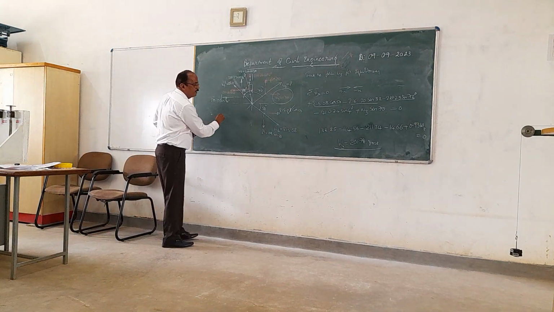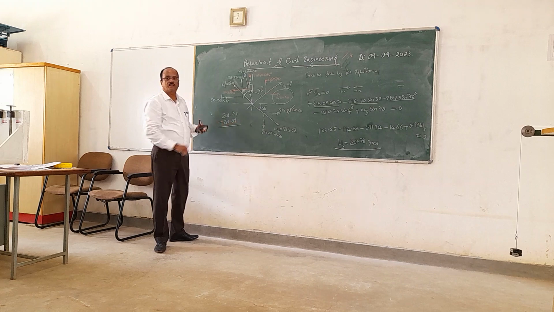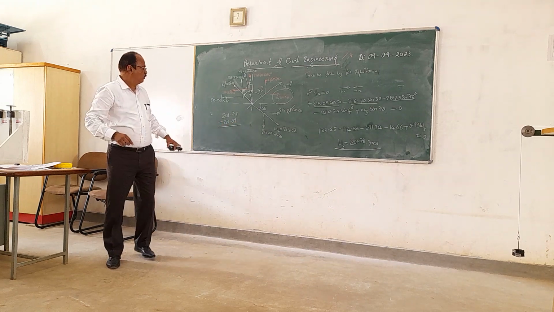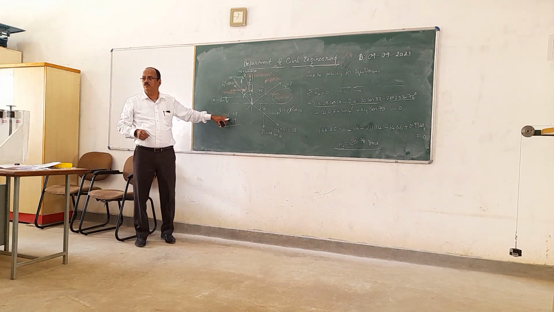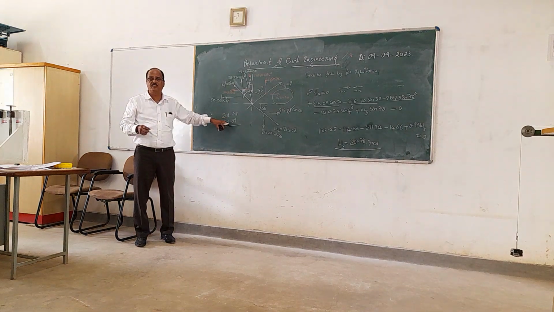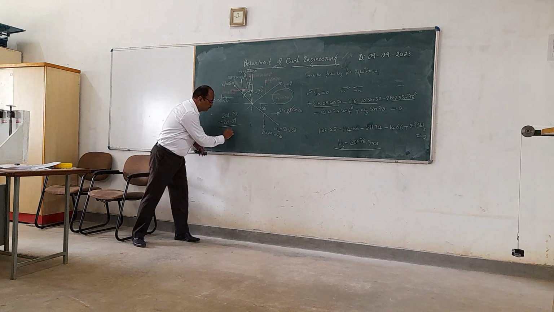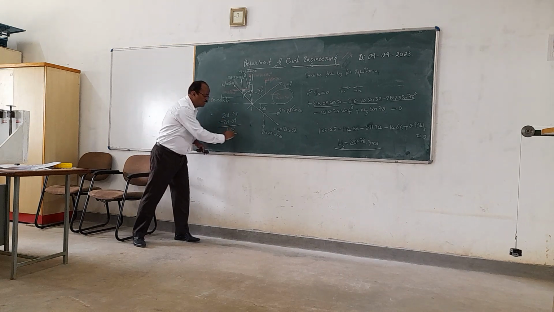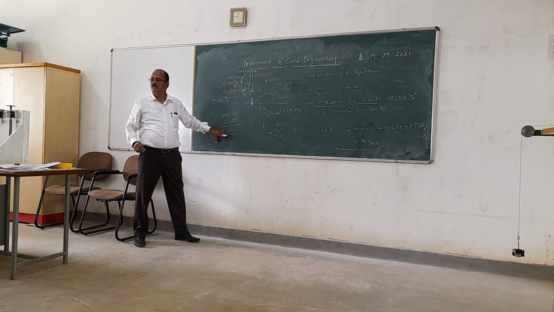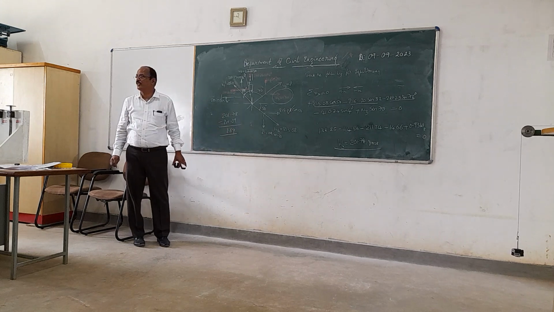How much is the error? 201.78 minus 200.09. Theoretically we need 201.78, but we applied around 200.09. The difference is 1.69, the difference of load you have applied.